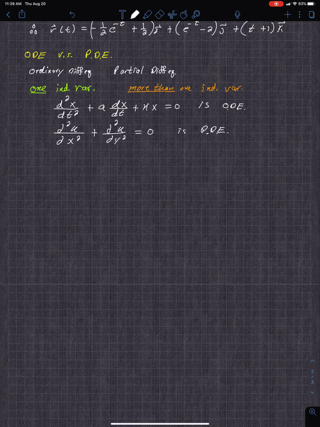The goal in both cases, for this whole class really, is to find x of t, and or I should say u of t, or whatever the variable. Oops, I didn't do that right, this would be u of x, y.